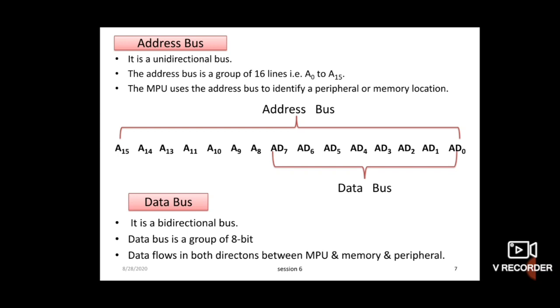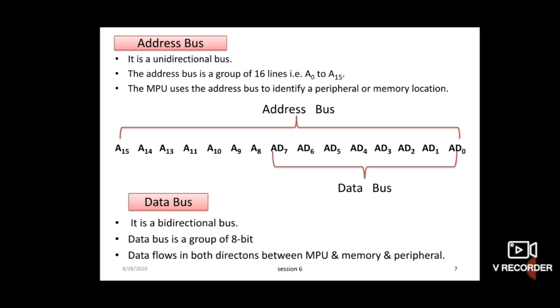But the address bus only sends, to identify a peripheral or memory location, from the microprocessor to peripheral devices. This is the difference between address bus and data bus.